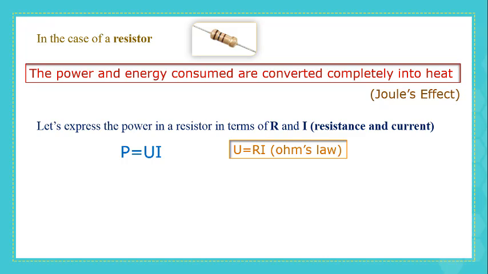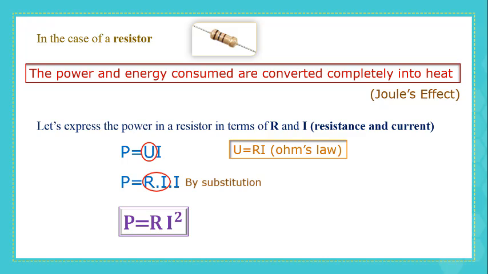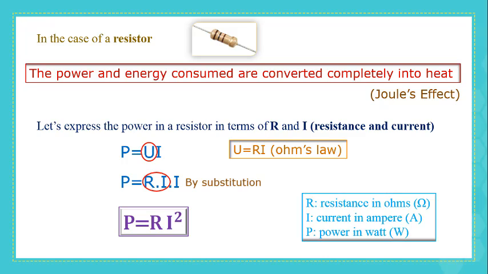By substitution, we substitute U by RI, so the formula will be power equals RI times I, which means power is equal to RI squared. So the power in a resistor is equal to RI squared. R resistance in ohms, I current in ampere, and P power in watt.